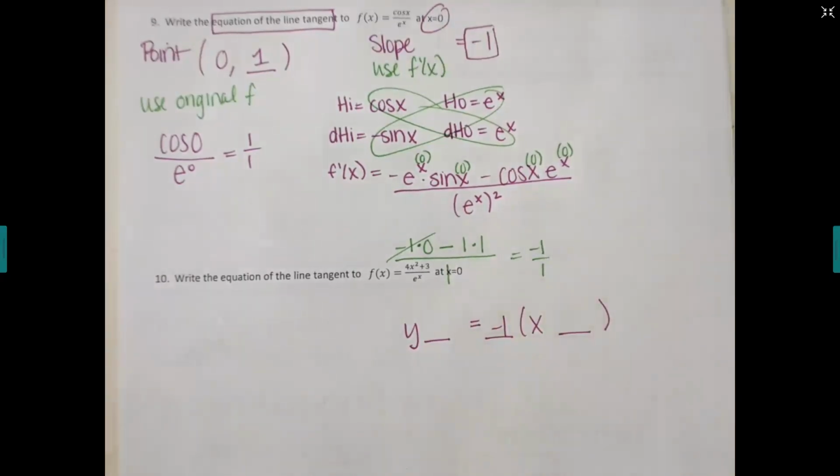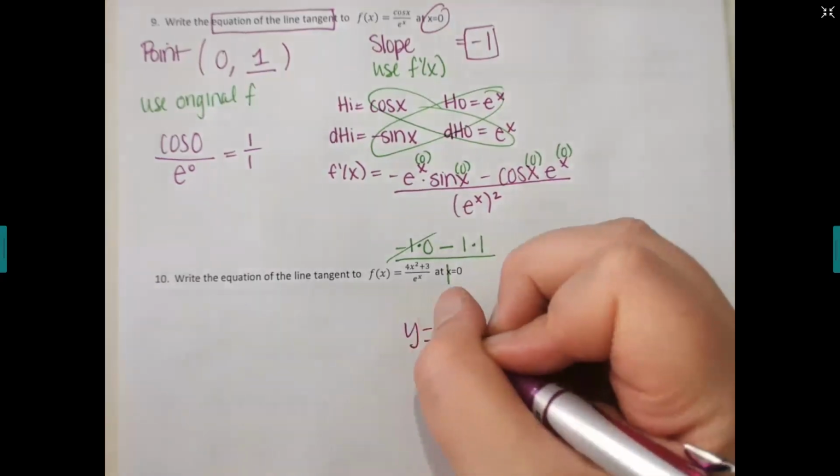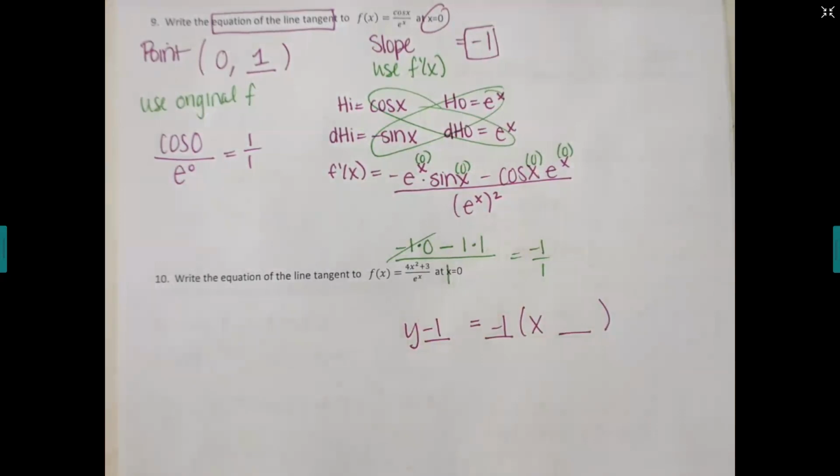And then my x and my y, when they go into their blanks, you have to switch the signs. So if my actual y is a positive 1, I'm going to put a minus 1. And in this case, my actual x was 0. Well, then I'm going to put in a minus 0, but we know that that'll go away in a second.